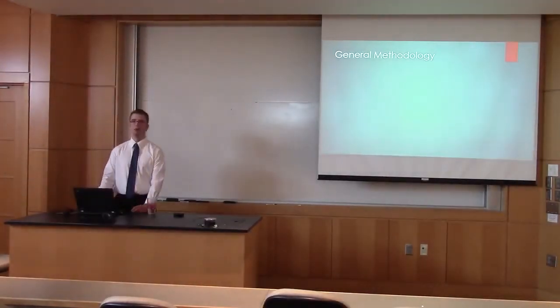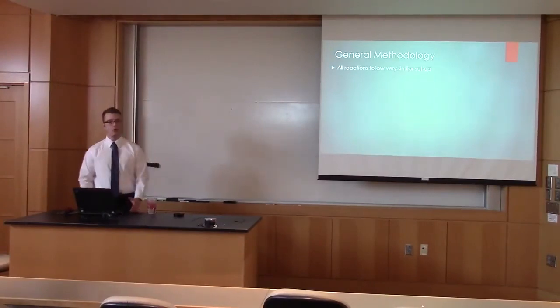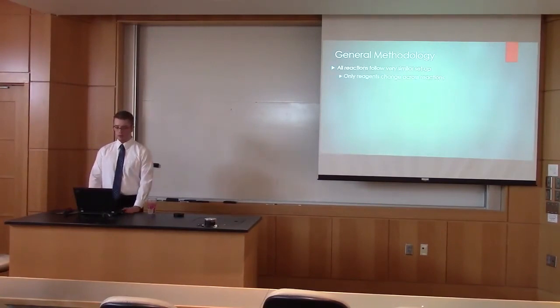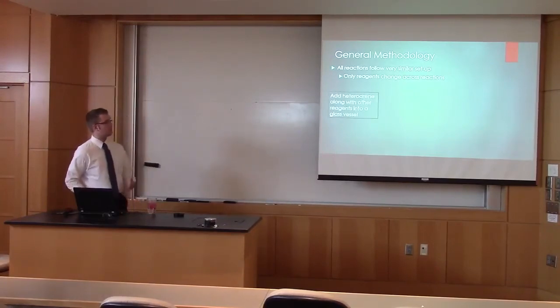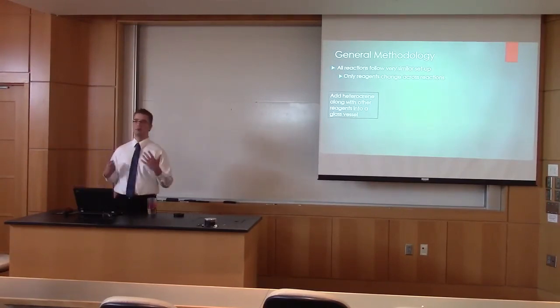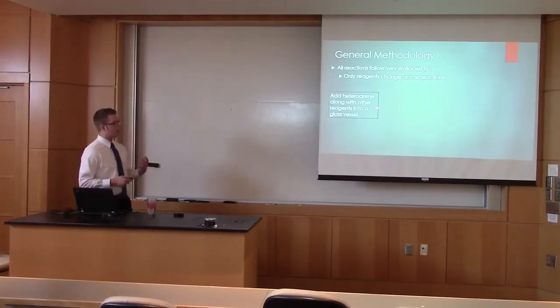So now on to the experiments. Our general methodology here is that all these reactions follow a very similar setup. The only reagents that are going to be changing across these reactions are the reagents themselves. So the general flow chart of this is that we're going to have a heteroarene along with other reagents.